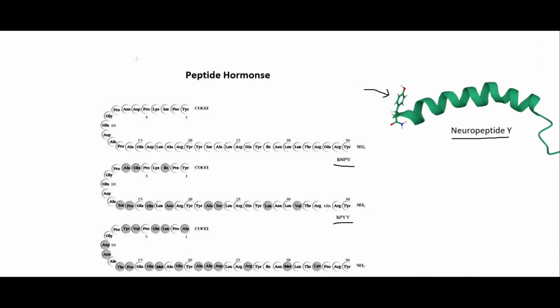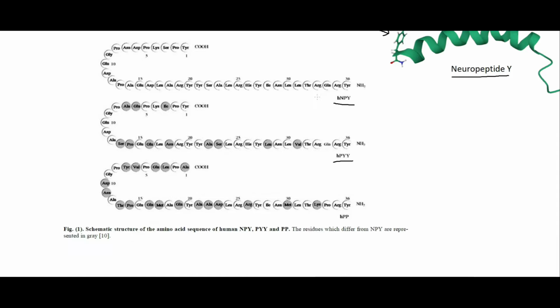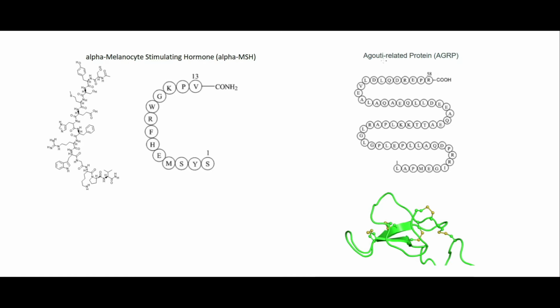The main thing to notice is that these are all peptide hormones, and I spelled that wrong. I put the S and E backwards. But this is the AGRP peptide hormone right here. That stands for agouti-related protein, and we see the structure of that right here.